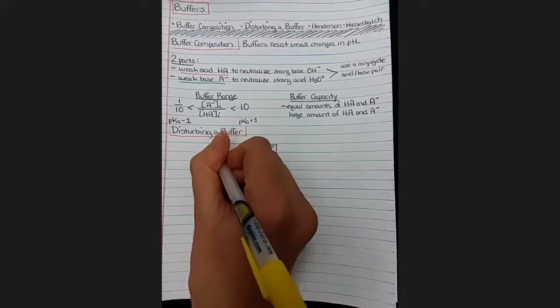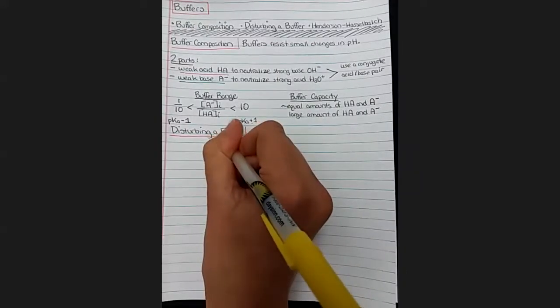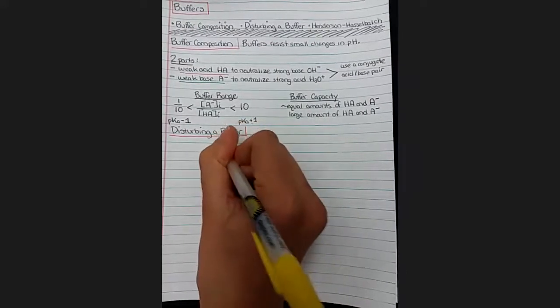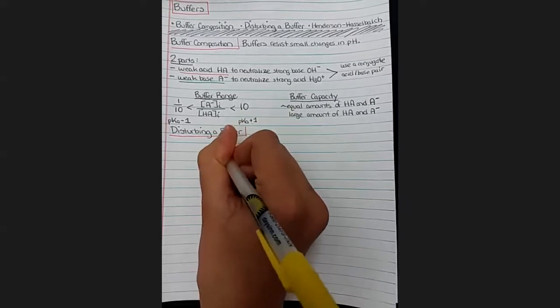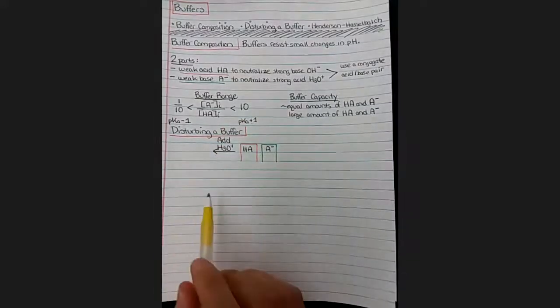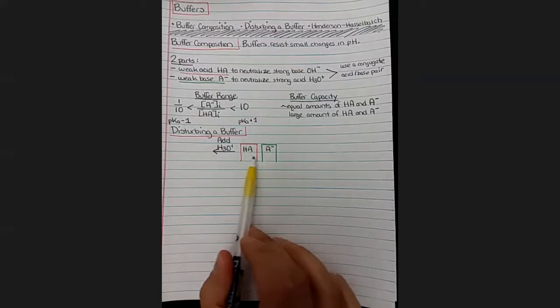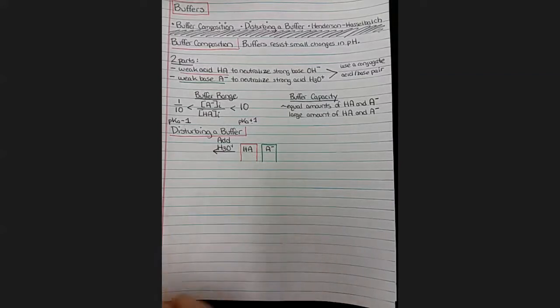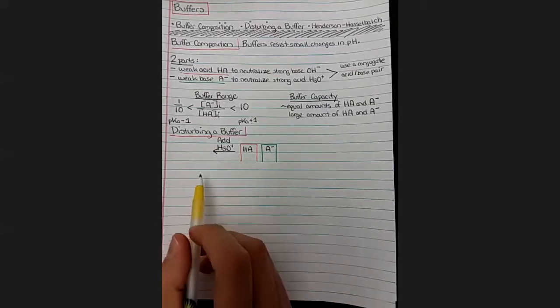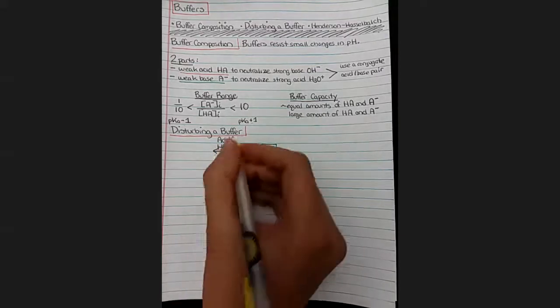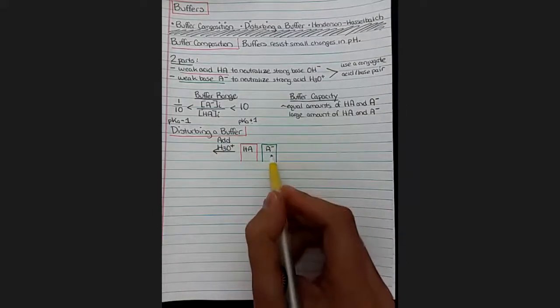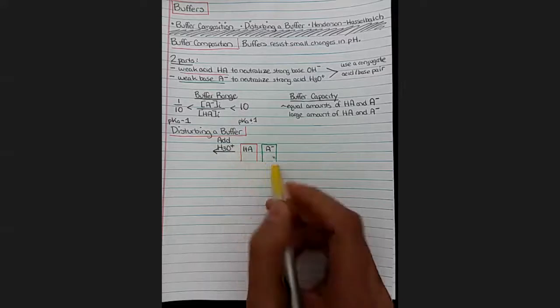When disaster strikes, a strong acid, H3O+, is added. And so something is going to happen to this buffer to resist the pH change. The weapon that we're going to use to fight strong acid is going to be base. Base and acid neutralize each other.